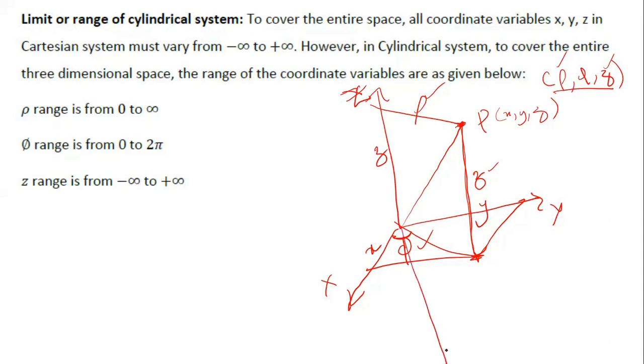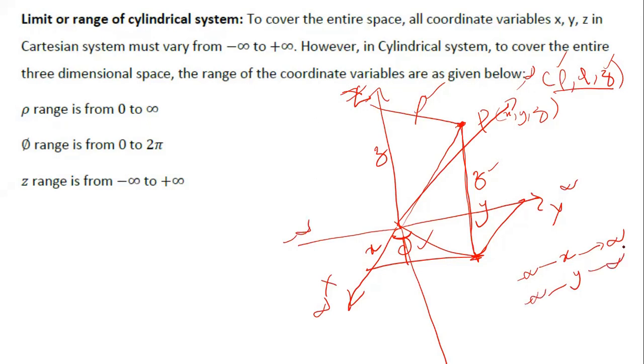So in your XYZ Cartesian system, in order to locate any point in the space, what is the range? X value can go from minus infinity to plus infinity, isn't it? In order to represent some point behind this, x value can go up to minus infinity, and x value can go up to plus infinity on the front side. Also, y value can go from minus infinity to plus infinity, so you can represent any point along the y-axis.